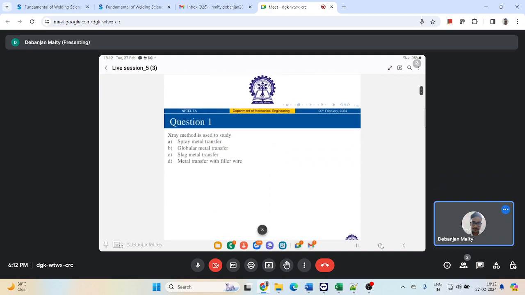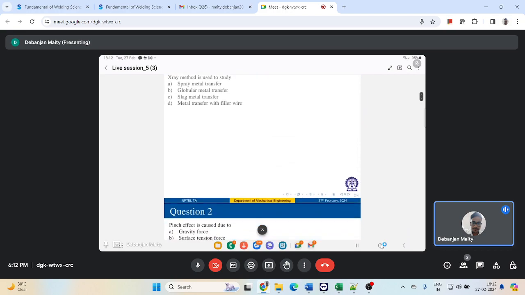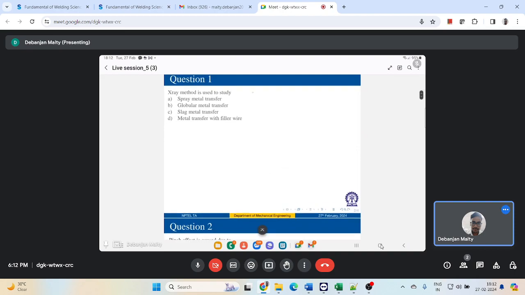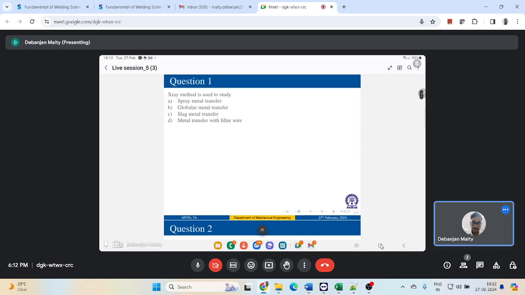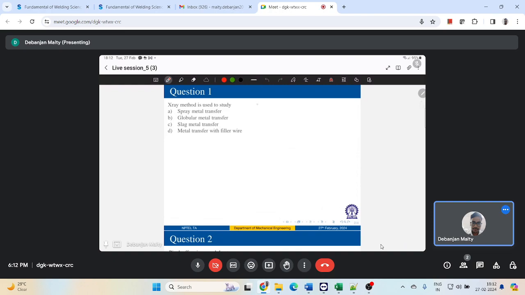So let us start. What are the forces which affect the metal transfer? There are mainly two types of forces.